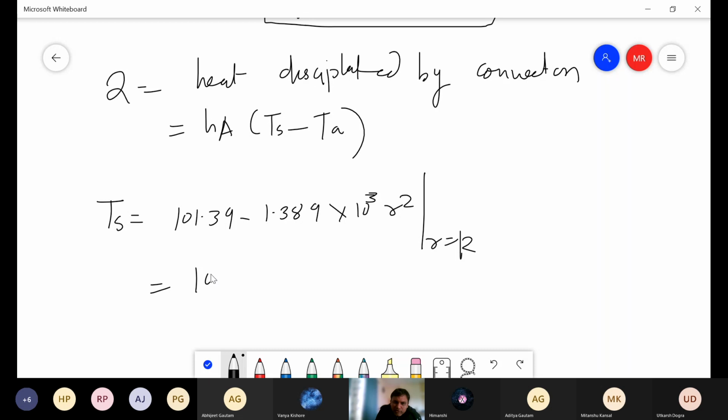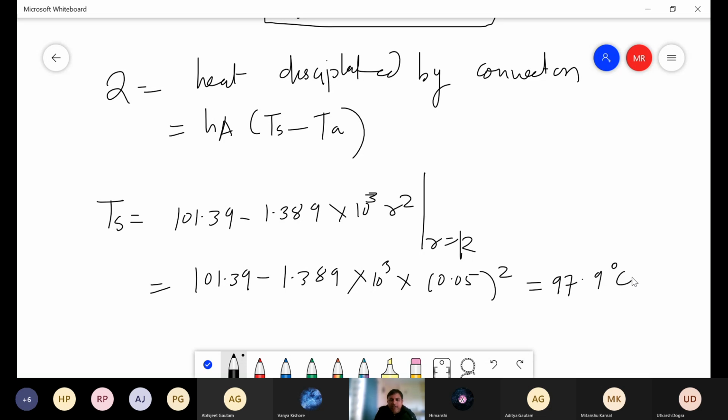So 101.39 minus 1.389 into 10 raised to power 3 into 0.05 square. T surface comes out to be 97.9 degrees Celsius. Check whether this is correct.